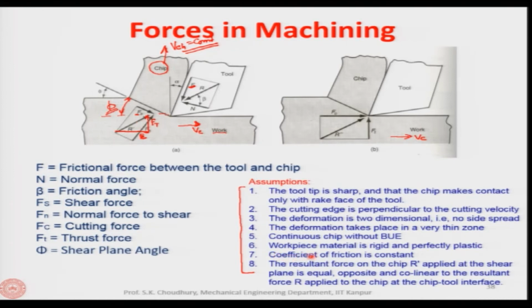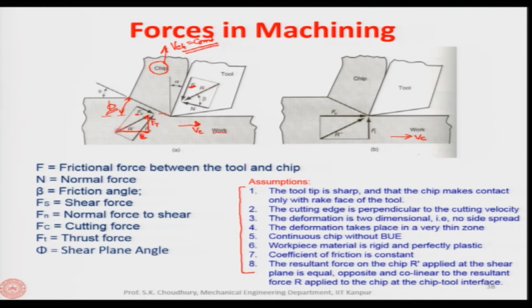Seventh assumption is the coefficient of friction is constant along the chip tool contact length. So, the mu, which is the coefficient of friction, has to be constant. And finally, they have assumed that the resultant force on the chip r prime applied at the shear plane is equal, opposite and collinear to the resultant force r applied to the chip at the chip tool interface.